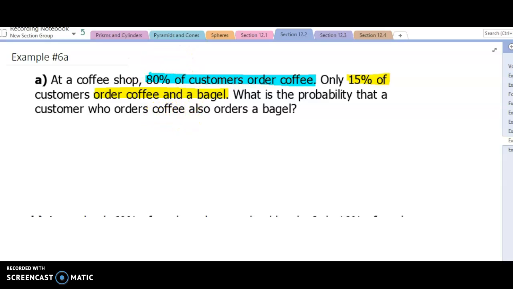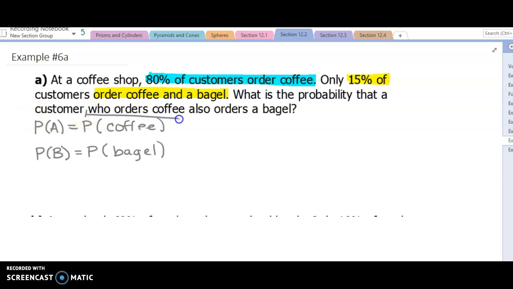We're interested in 2 things. We're going to let the probability of A be the probability that they order coffee. And the other thing we're worried about is whether they order a bagel, so we let the probability of B be the probability that they order a bagel. What it's asking is the probability that a customer who orders coffee also orders a bagel.